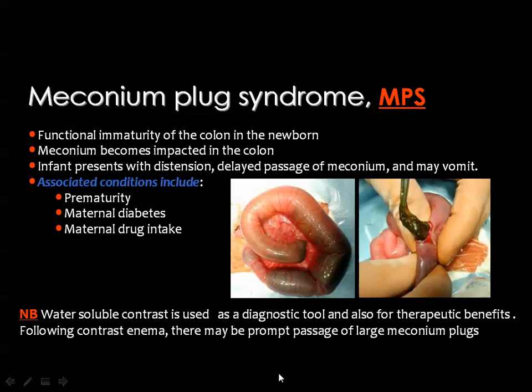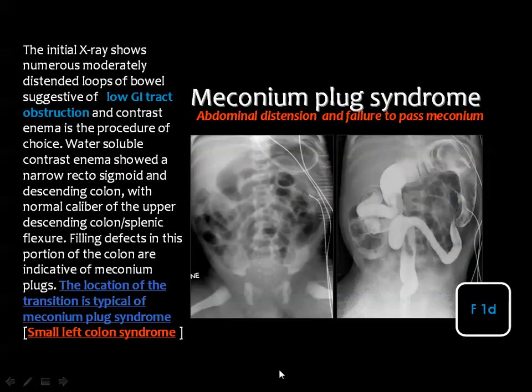Then if you look here, you see that the plain film showed distension of the bowel by gases. The initial X-ray showed moderately distended small bowel, suggestive of lower GI obstruction, and we performed this barium enema. This barium enema showed that the sigmoid colon is very small and the proximal colon is relatively dilated.